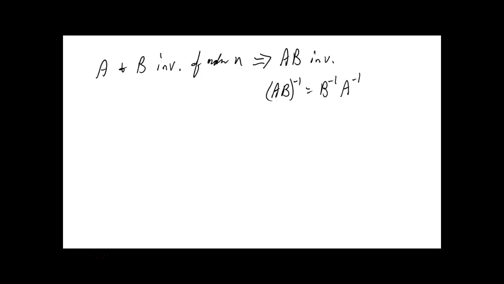Okay? Well, if that's true, that means that you know that AB times AB inverse has to be the identity matrix, right? A matrix times its inverse has to be the identity matrix. And these are both invertible matrices, so that's true.